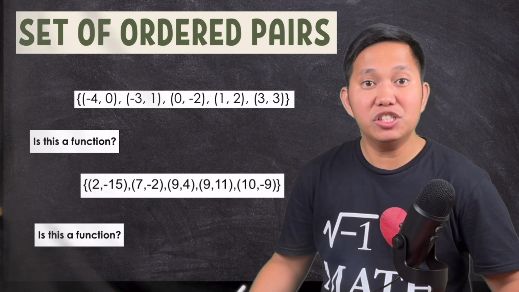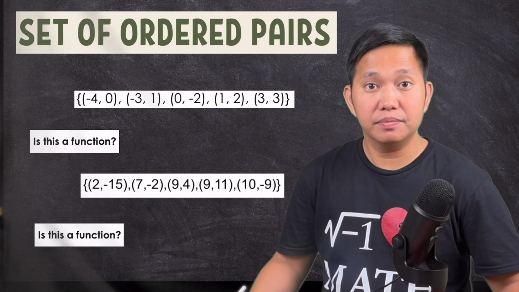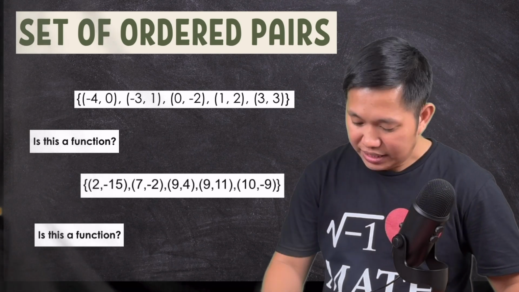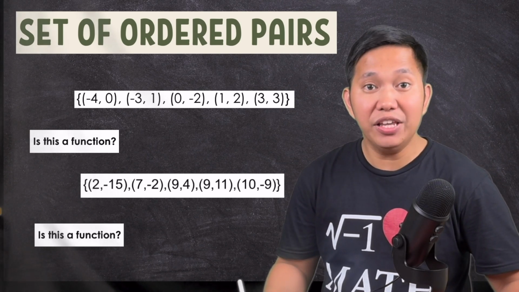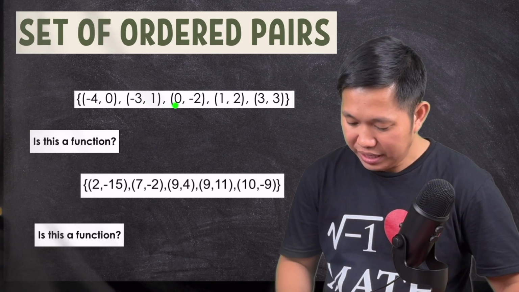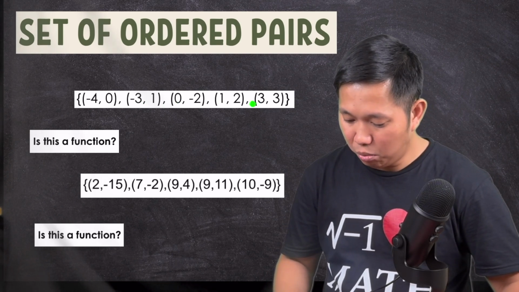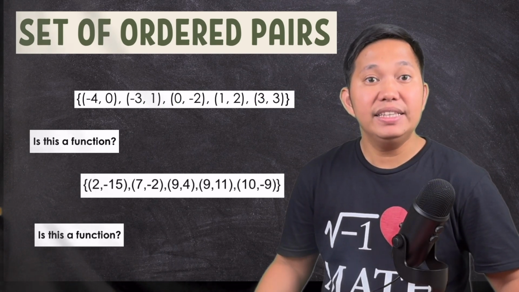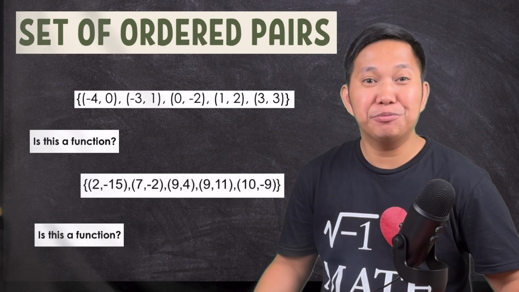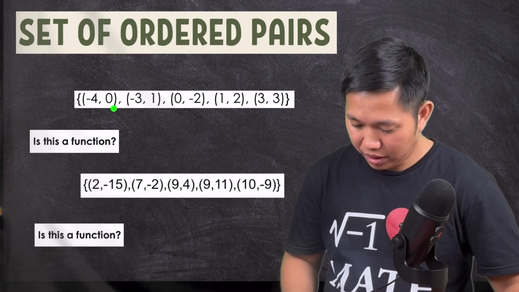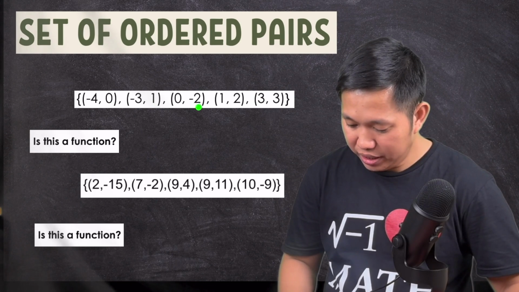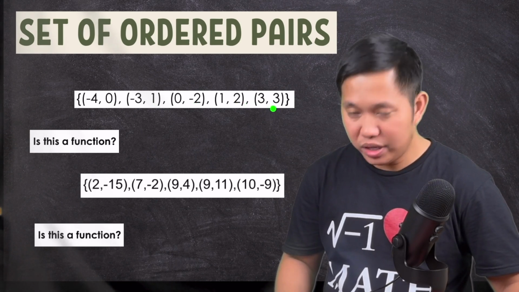Is this relation a function? Yes, since each input value x, -4, -3, 0, 1, and 3, leads to exactly one output value y: 0, 1, 2, 2, and 3.